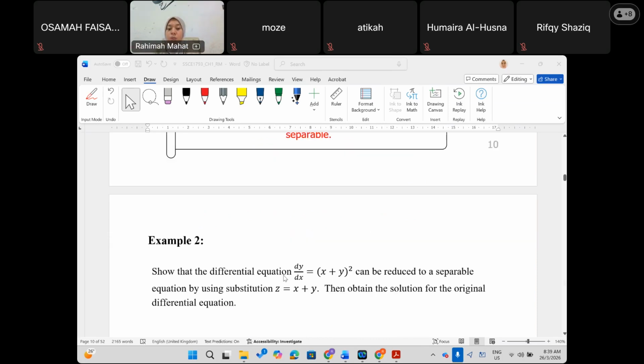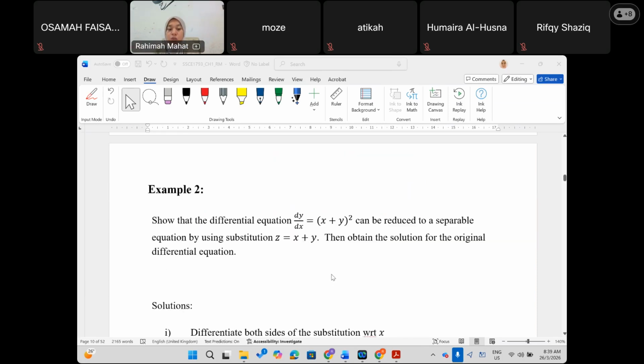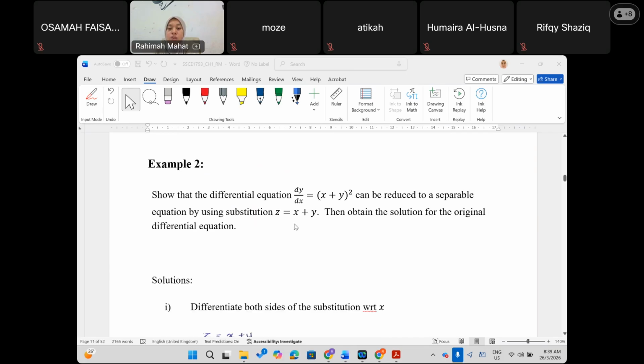It cannot be easily separated, so it needs the substitution. That's why the substitution z is equal to x plus y is given to you. By using the substitution, it can help to reduce and separate the equation of dy/dx.